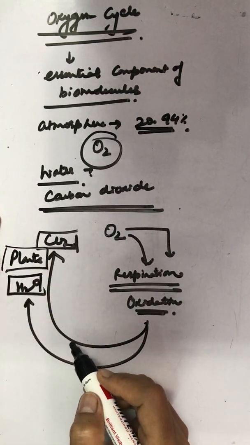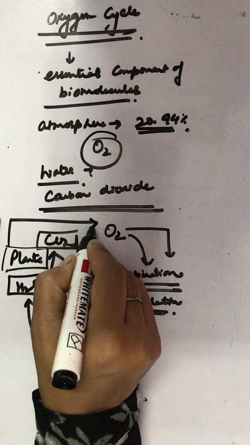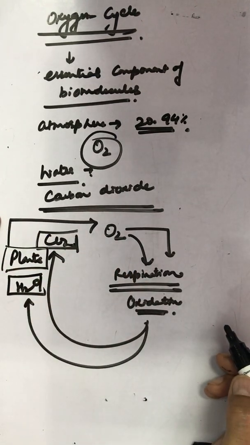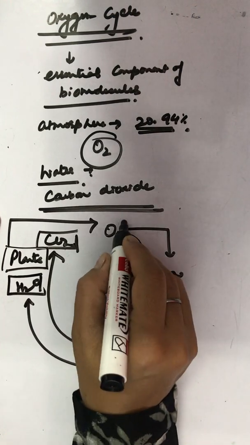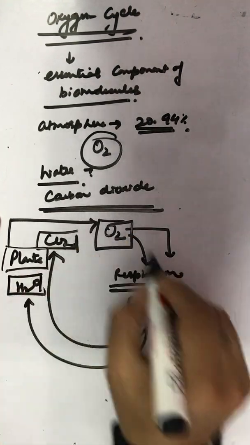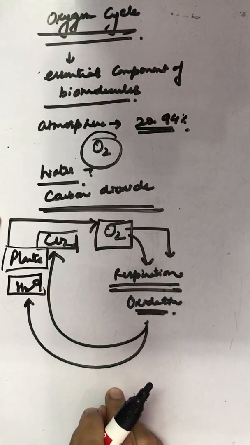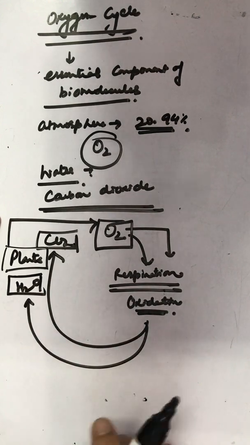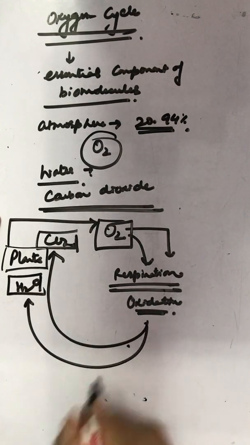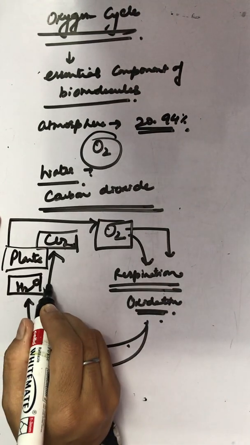Then what do the plants do? Plants liberate molecular oxygen back to the atmosphere. And this oxygen is again used in the respiration process. Thus the cycle is completed like this. And the concentration of oxygen in air and water is maintained at the equal rate of its usage in respiration and release in photosynthesis.